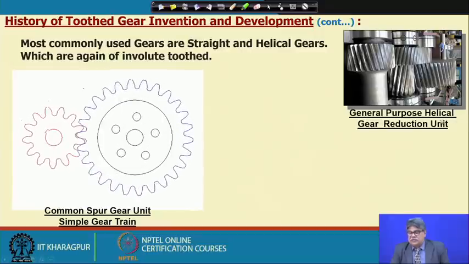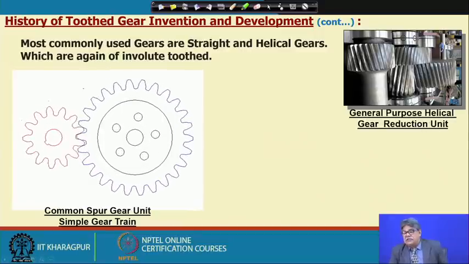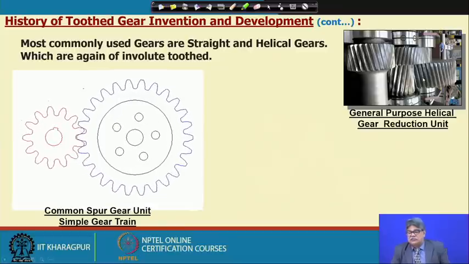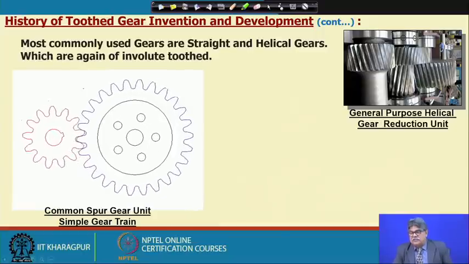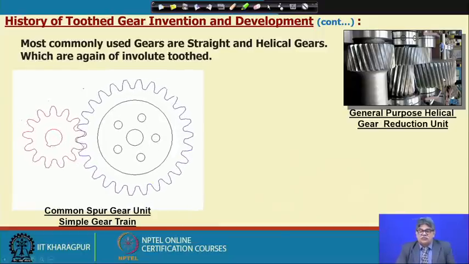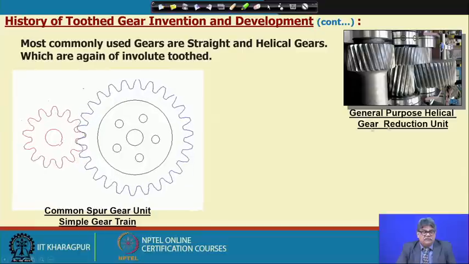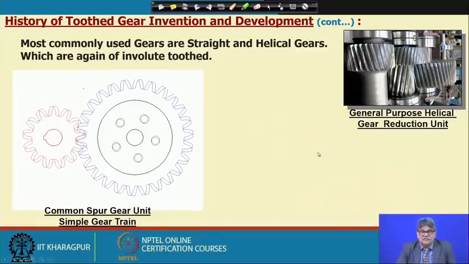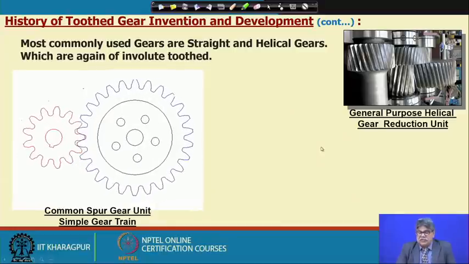This is a general purpose helical gear reduction gear unit. Here we have shown it is 2 stage, and when the power is transmitted in the first stage, then through the pinion to the next stage, this is called compound gearing. If the reduction is more than single stage, then it is compound gearing.